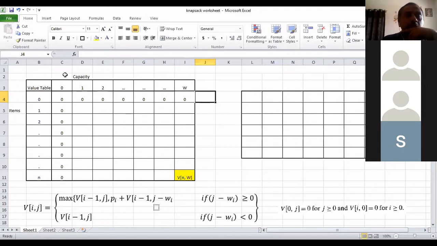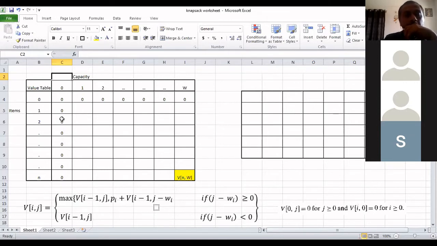Same way, the 0th column is made 0. What is the reason? Can anybody tell? The 0th column, we made it 0. That means when we don't have capacity, or when we don't have a knapsack itself, in a very simple way, if the capacity of the knapsack is 0, you cannot accommodate any item.